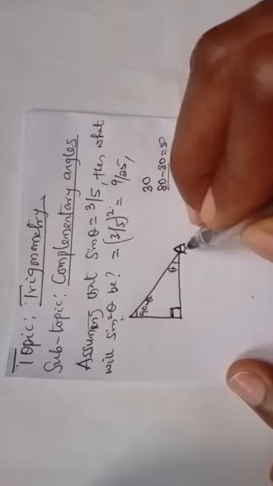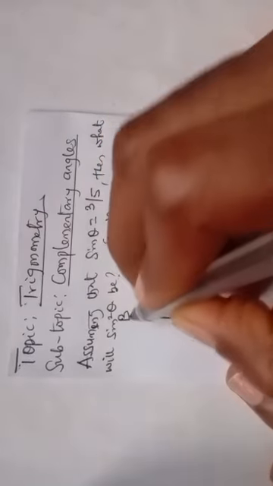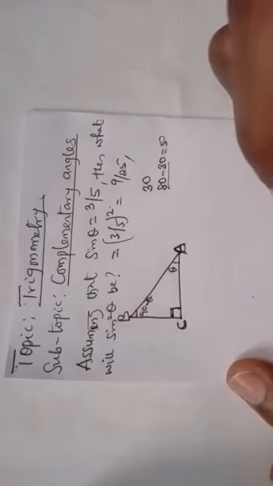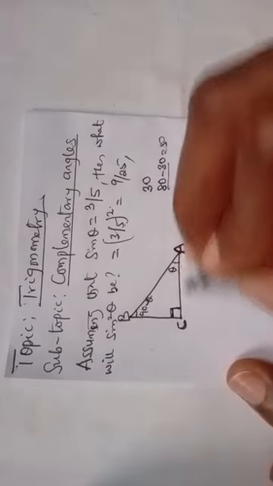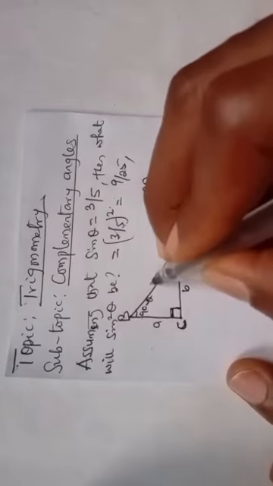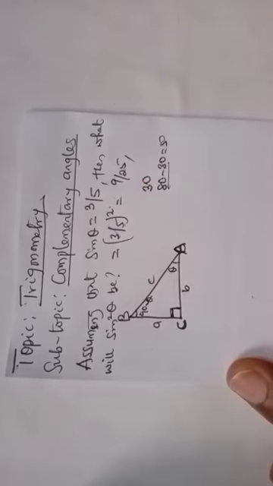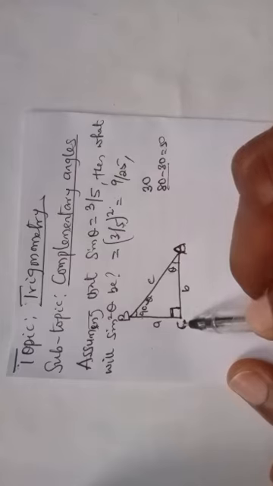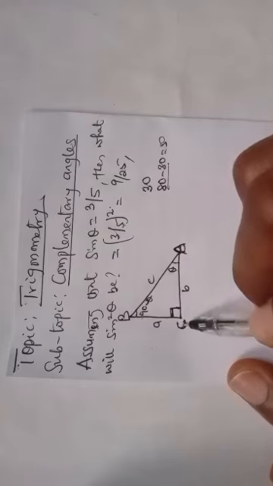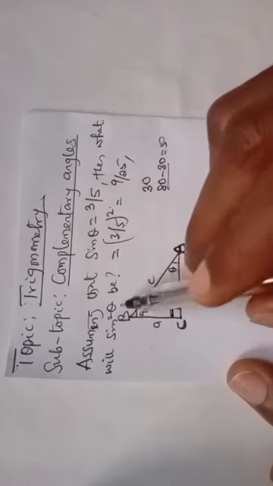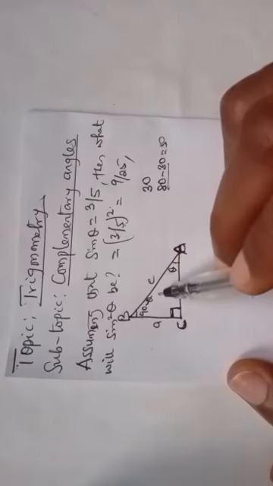This is A, this is B, and this is C. Like we always know, the side facing here is small b, here is small a, here is small c. This angle C already is 90. It's constant. Now, angle A is theta, while angle B is 90 minus theta.